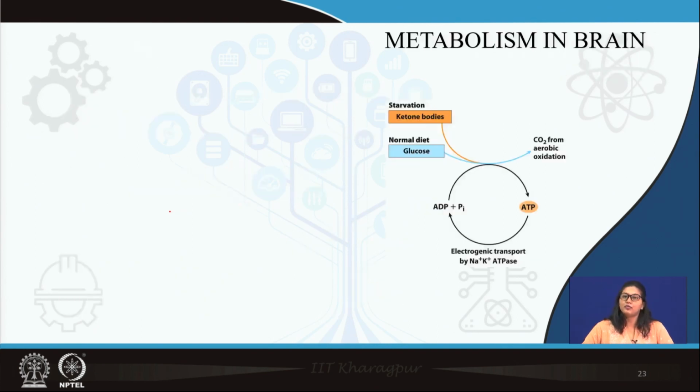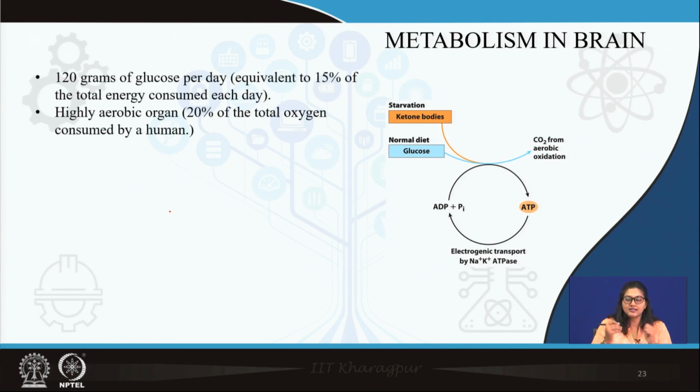Now, we are coming to metabolism of brain. Brain is one very exemplary organ because it has specific characteristics related to metabolism. Brain utilizes around 120 grams of glucose per day, which is around 60% of the utilization of whole body glucose, and that is around 15% of the total energy which is consumed in our body.